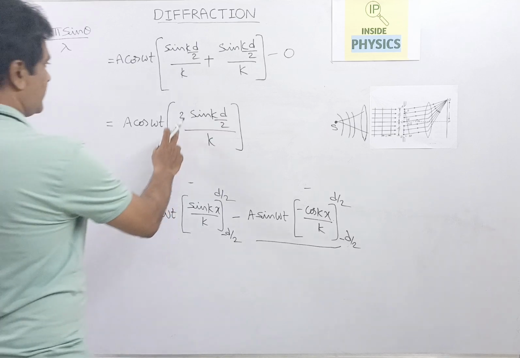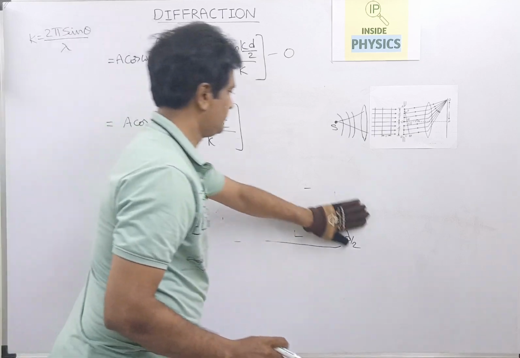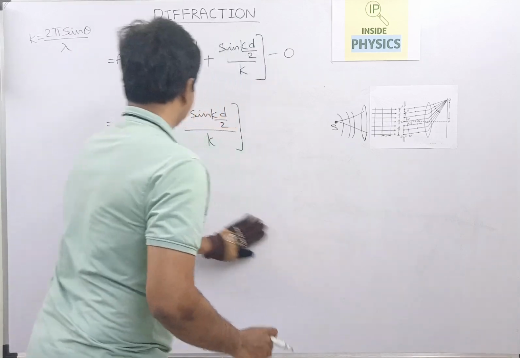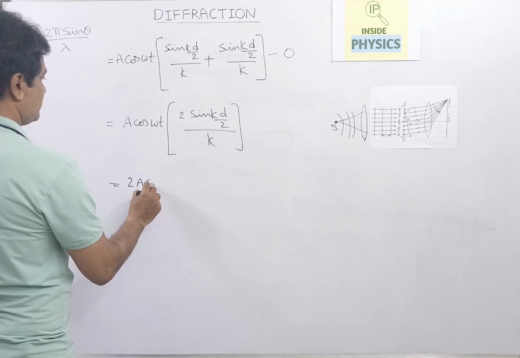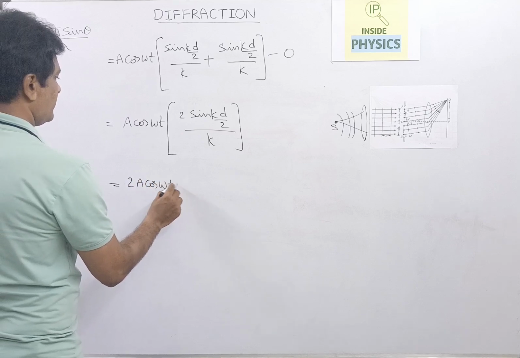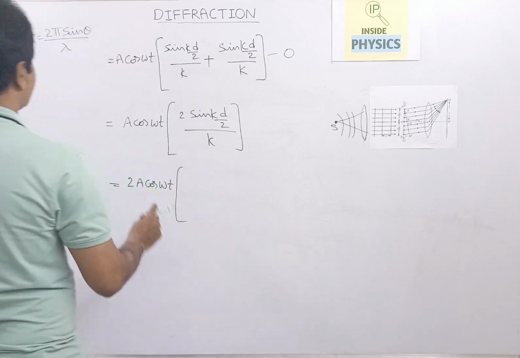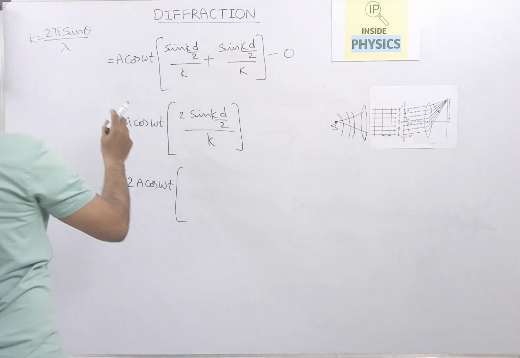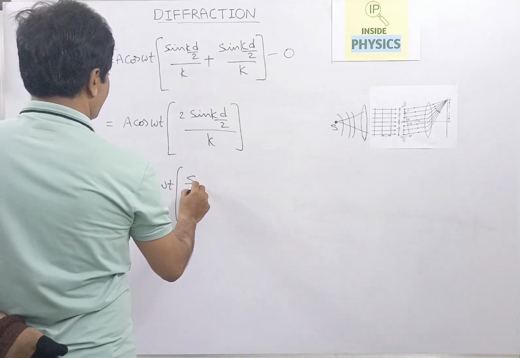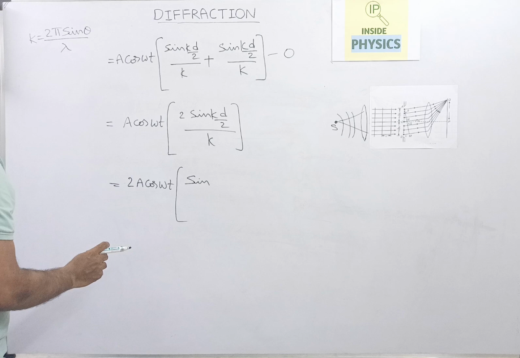We'll take this 2 outside, so this can be written as 2a cos omega t. Now in place of k we can put 2 pi sin theta by lambda. If you put that in place of k, what happens?